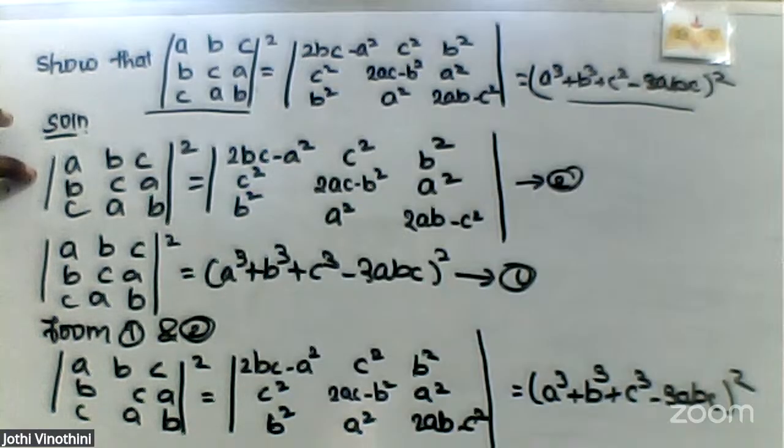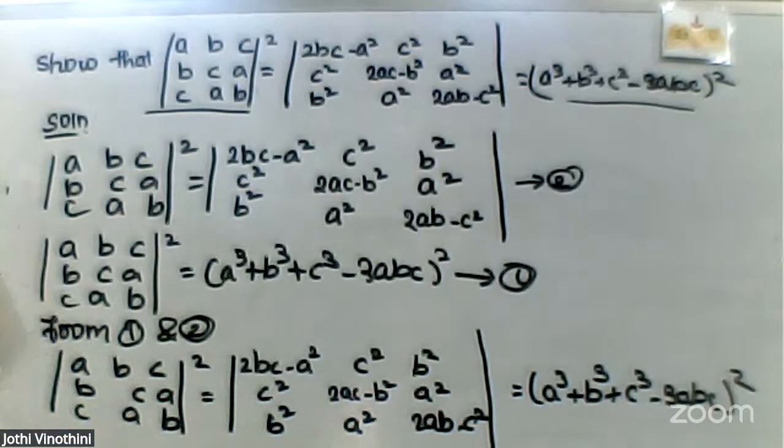For equation 2, we expanded the given matrix, interchanged the rows R2 and R3 in the second matrix alone, and took the subtraction to row 1, and we simply multiplied it. By that way, we get the second equation. Finally, by comparing these two equations, we get this equation.